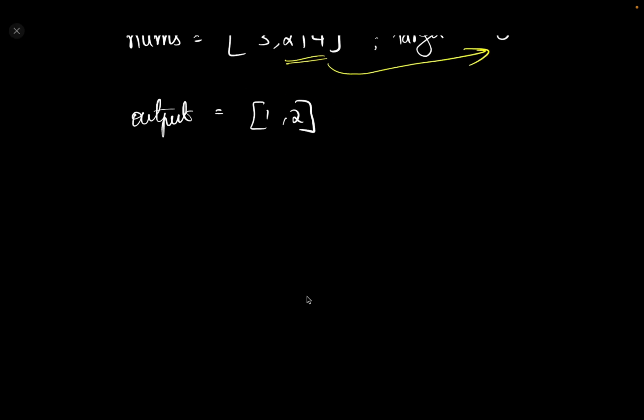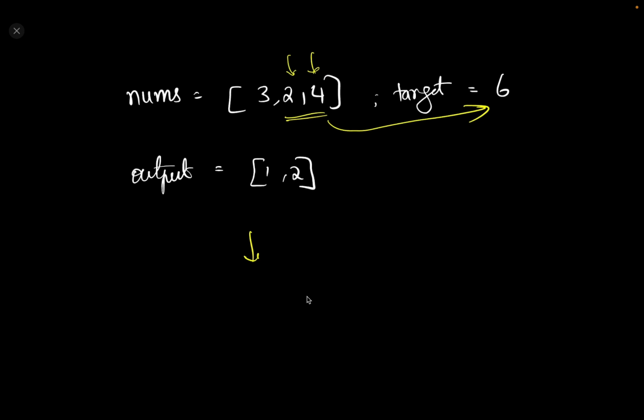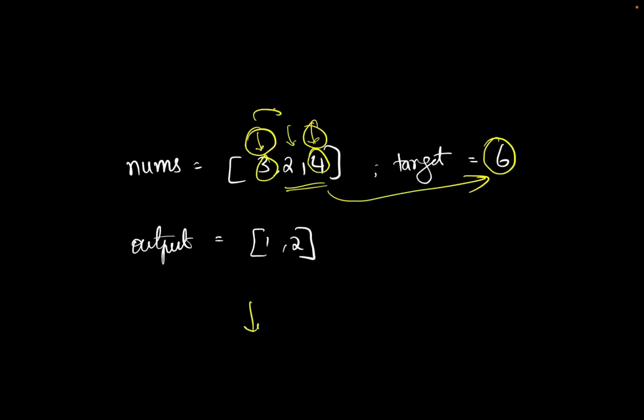Let's traverse the elements step by step, left and right, and add the elements. If the sum is equal to the target, we return those indices, or else if the sum is greater, we move the right pointer to the left. If the sum is less than the target, we move the left pointer to the right.